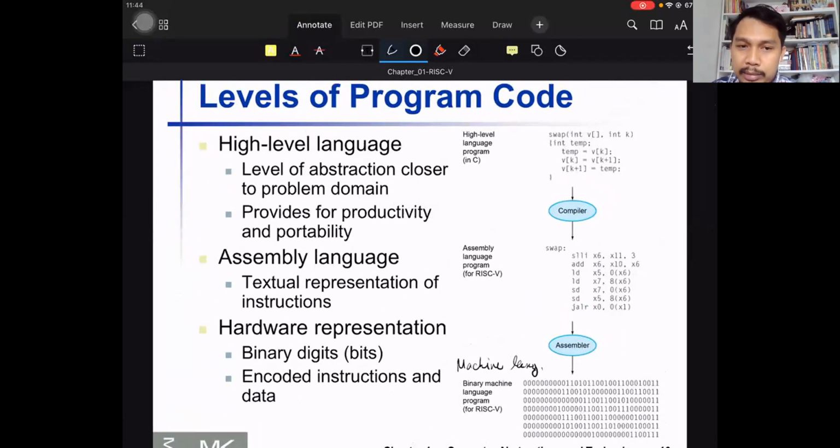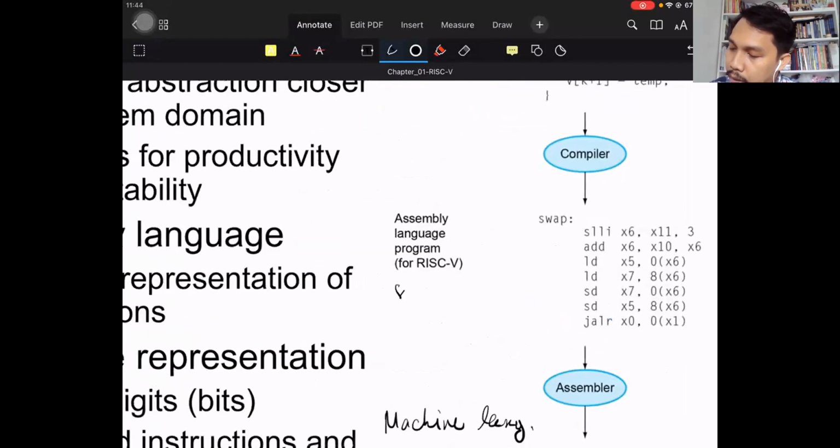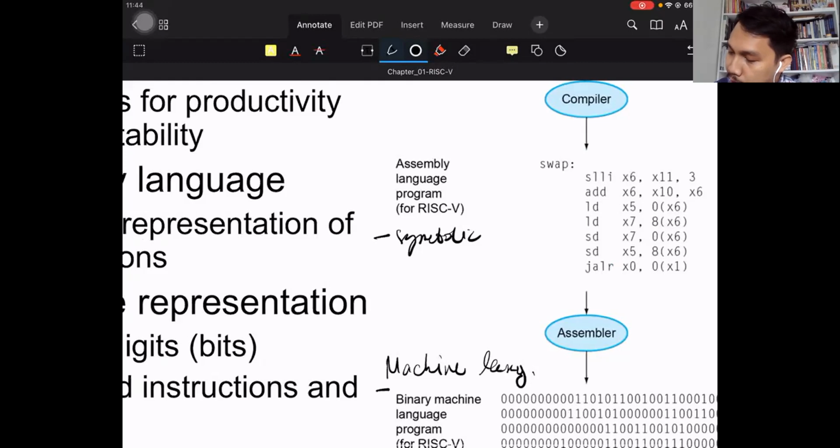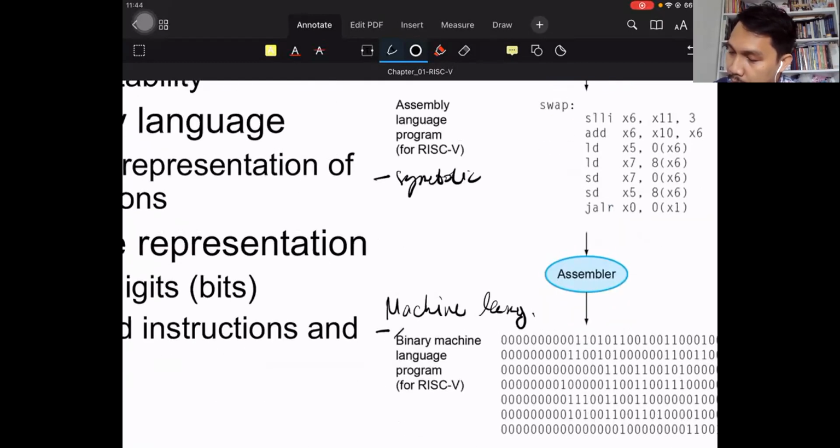Assembly language is a symbolic representation of machine instructions, whereas machine language is the binary representation of machine instructions. Meaning machine language is ones and zeros.